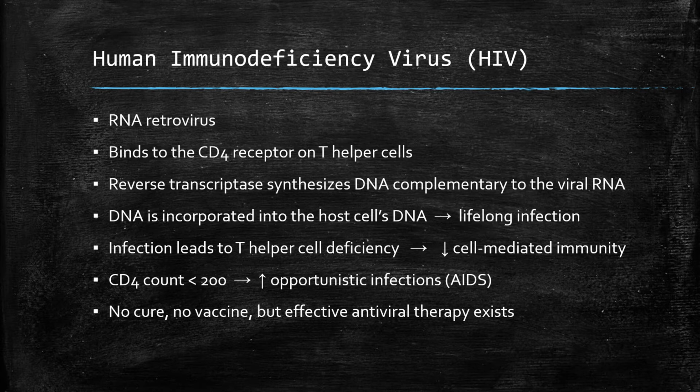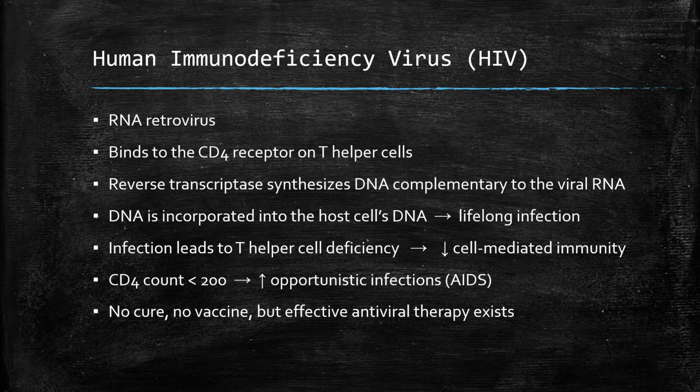Ultimately, this infection leads to a T helper cell deficiency. And once the T helper cell count drops below 200, there's a sharp drop-off in cell-mediated immunity and a greatly increased risk of opportunistic infections. At this point, we say that the patient has AIDS, or acquired immune deficiency syndrome.